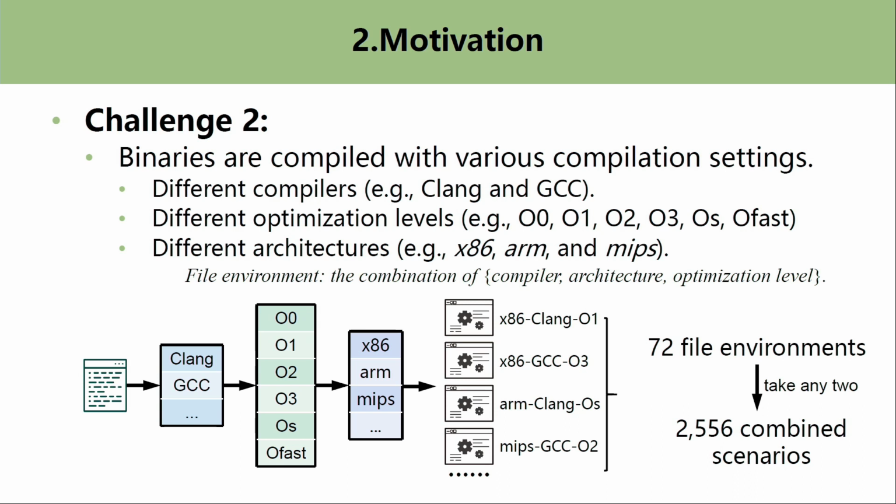Challenge 2 is that binaries from the same source code compiled with different compilation settings have similar semantics but different structures, which brings great challenges to binary code search. Here we define a file environment. It represents the combination of a compiler, an architecture, and an optimization.